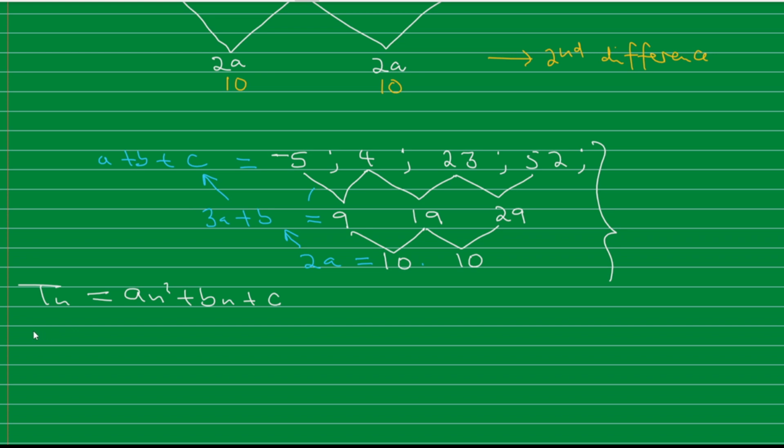I would start by saying 2A is 10. In most cases, we say that A is half of the first difference. So A is half of 10. If you solve here, 2A is equal to 10, so our A is 5. We get it from that statement there.